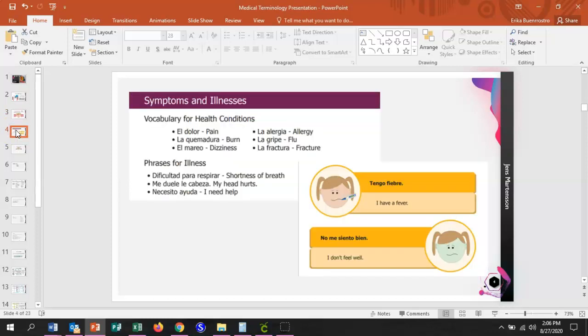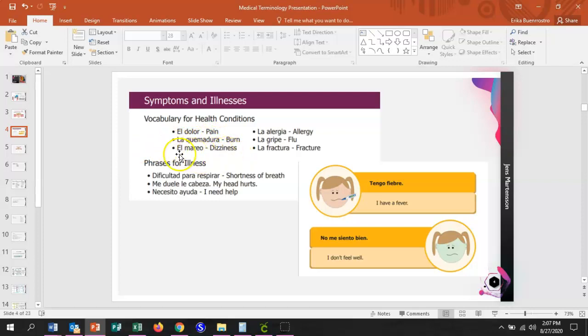Okay, so let's talk about vocabulary for health conditions. If you have somebody that is having pain, they're going to call it dolor. In a full sentence, you would say el dolor. Burn is quemadura, as you see it right here. In a full sentence, it's going to be la quemadura.